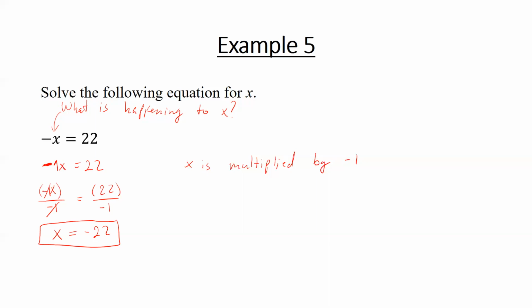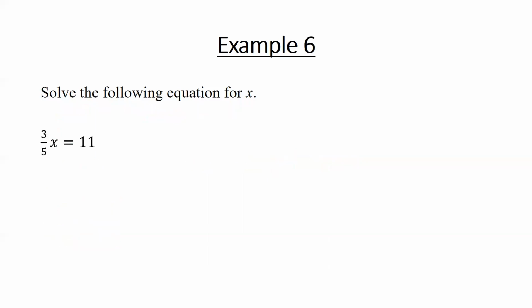So this is how you want to approach a problem like that. If you see that you have minus x equals something and you want to get rid of the minus sign, remember this minus sign means multiplying by negative 1. Now let's take a look at another example. 3/5 x equals 11.